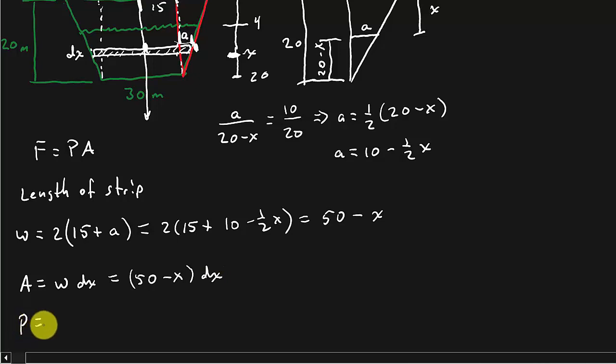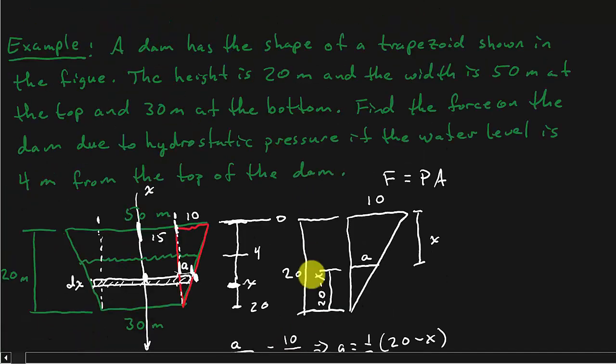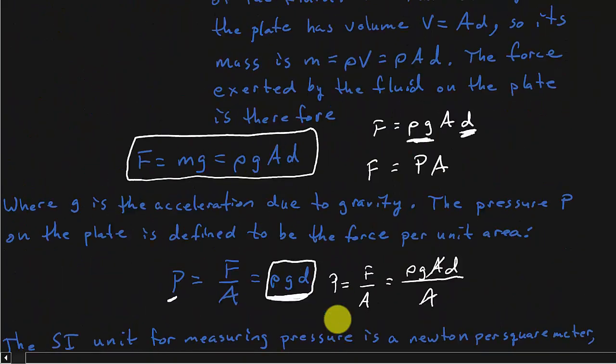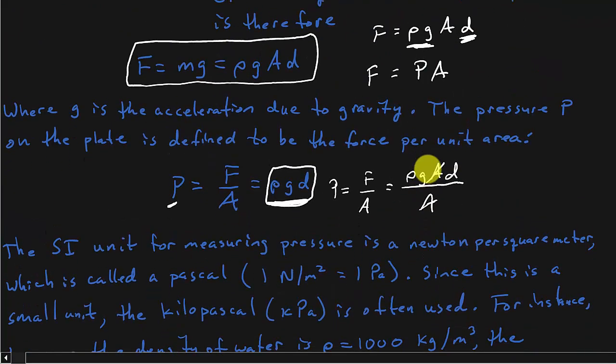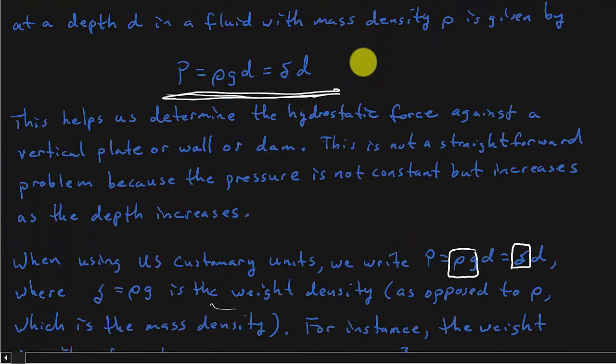So the pressure, well, that's rho times g times the distance. Okay, so remember that was back up here. Where is it? There we go, right here. See, the pressure is rho times g times d.